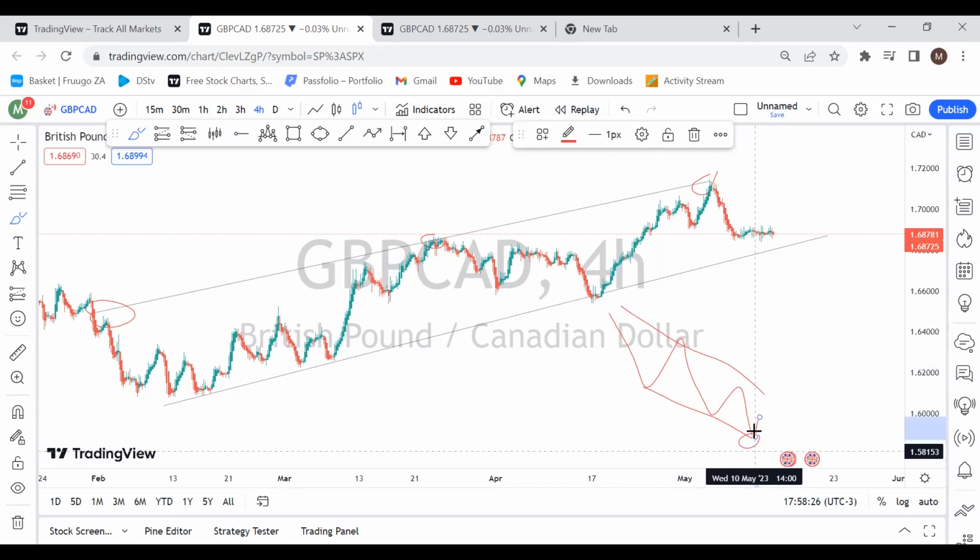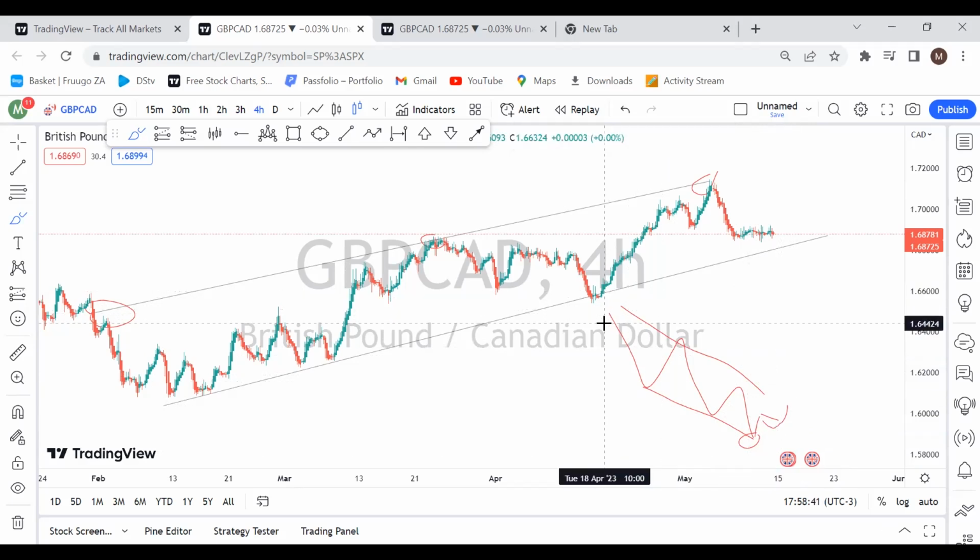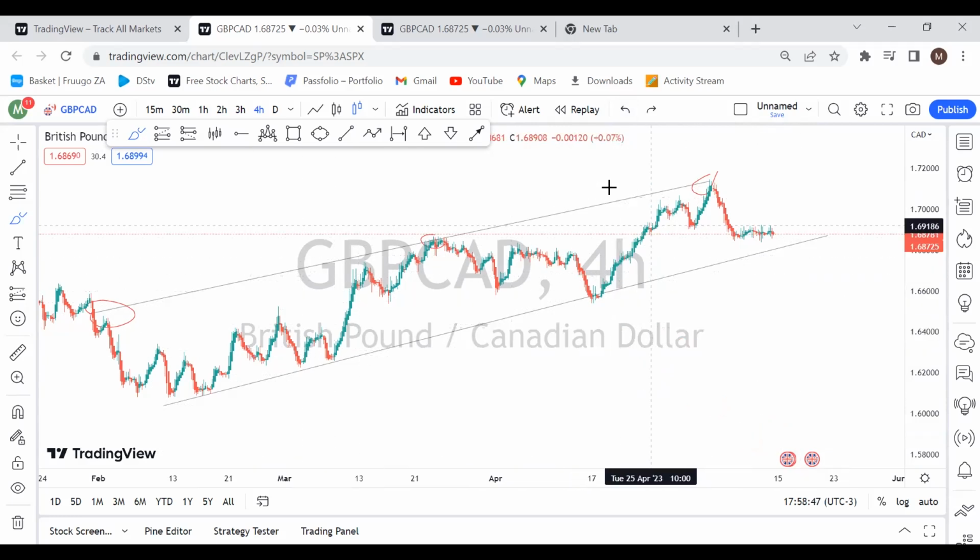Once a rejection happens right there to the upside, what we're anticipating is the correction that's gonna follow, right? It's the same concept whether it's a descending or ascending structure, and what I mean by that is whether it's a bullish structure or a bearish structure.